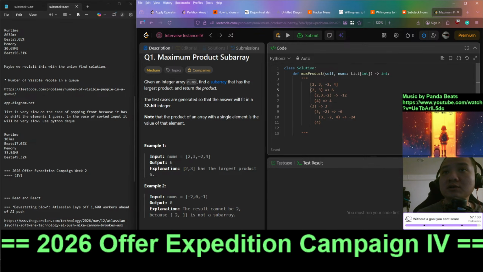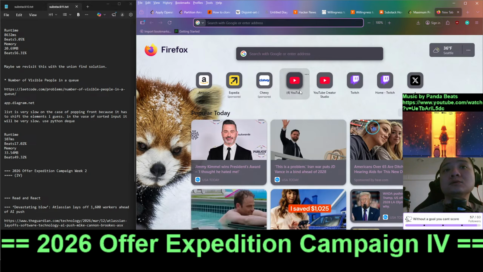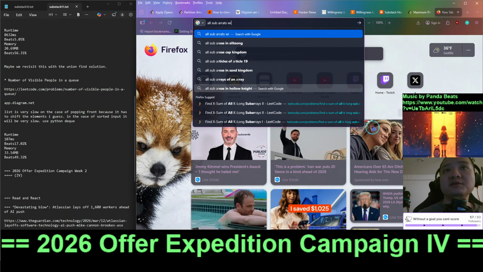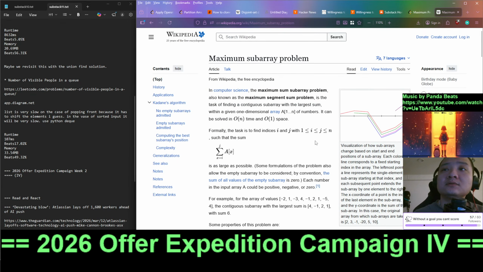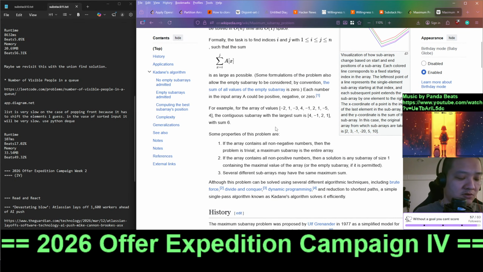Wait, but also, right? Is it all the subarray though? All subarray, how do you generate them, right? It can be solved in O(n). Largest sum. How does it deal with negative?